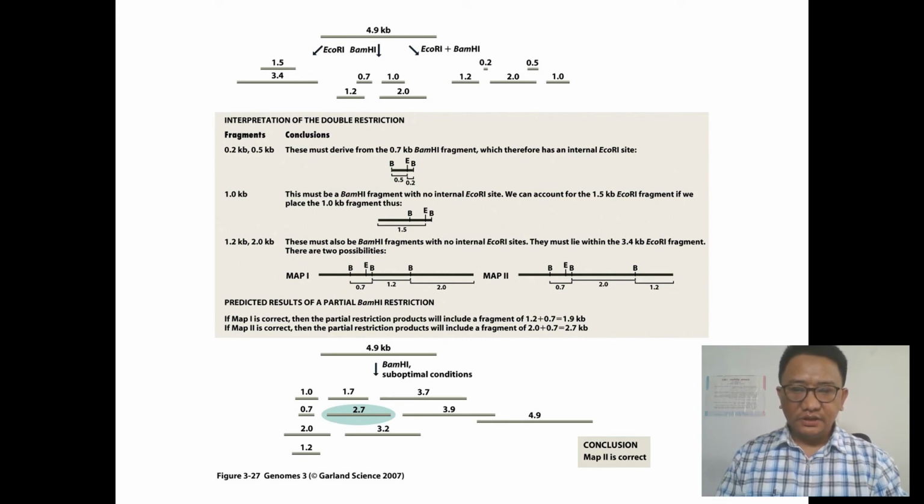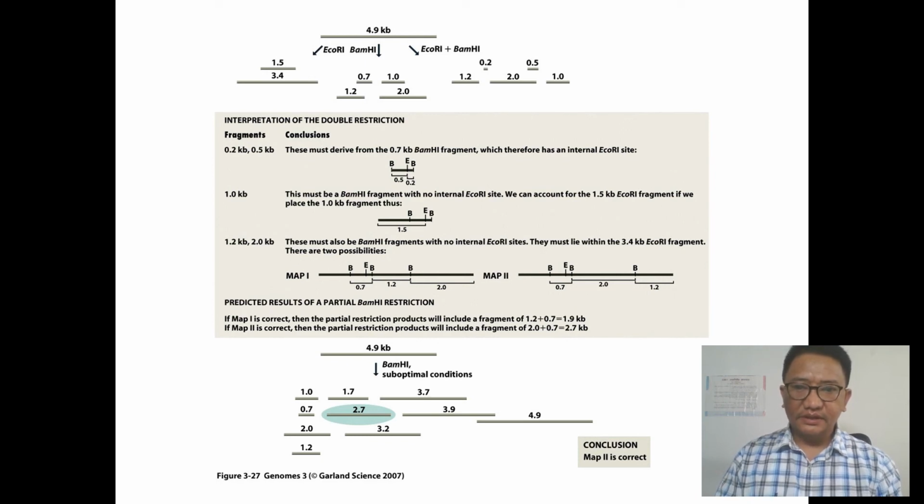Now, if we draw a map, we can clearly see it in the slide. 0.5 kb and 0.2 kb, altogether 0.7 kb, with one internal EcoR1 cut site. So B to E is 0.5 kb in length. Now E to B is 0.2 kb. So altogether 0.7 kb.